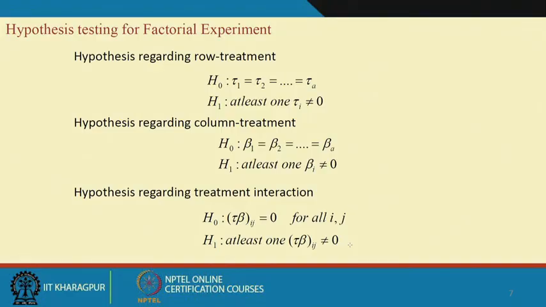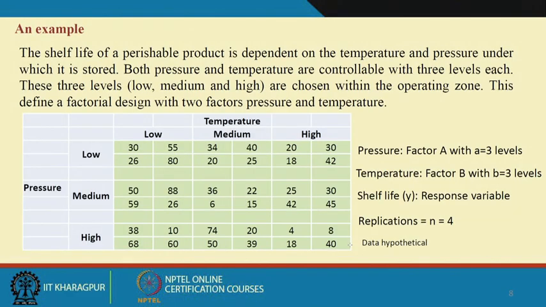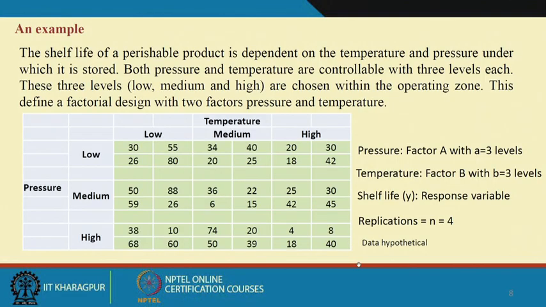We will see one experiment in the next class, covering all those things we have discussed so far, how factorial experiments are developed. Suppose I consider this experiment: the shelf life of a perishable product is dependent on the temperature and pressure under which it is stored.